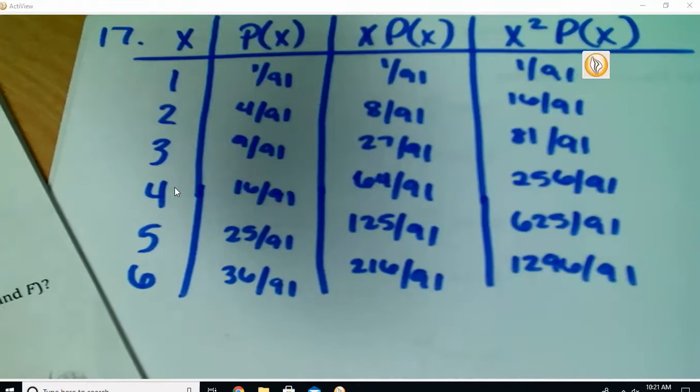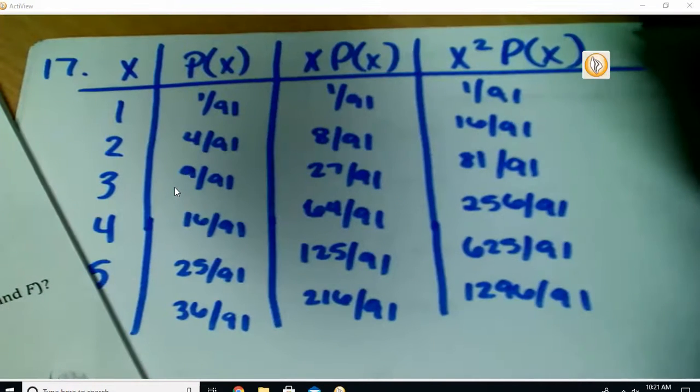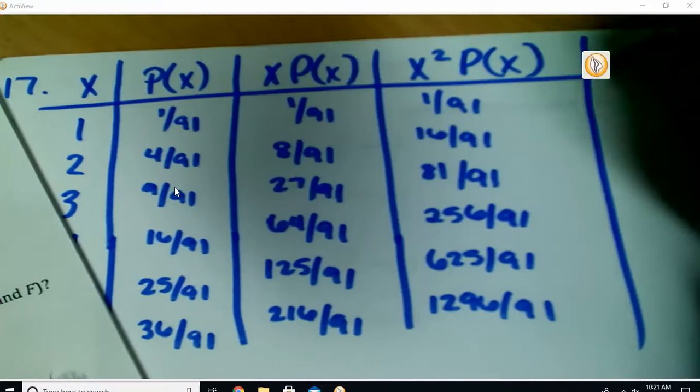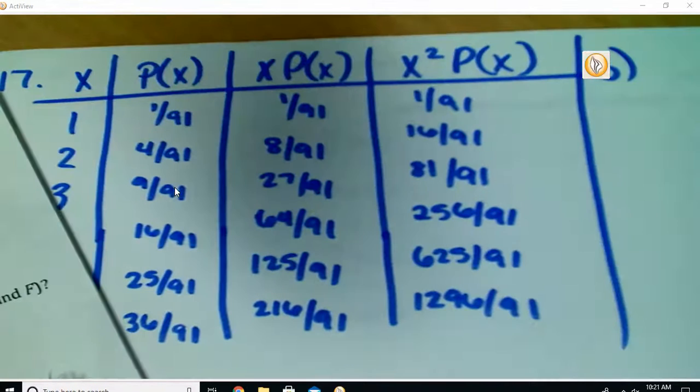Okay, part B says find the mean. Look on your formula sheets for me. Somewhere it talks about the expected value or the mean under chapter 6 of a discrete random variable.